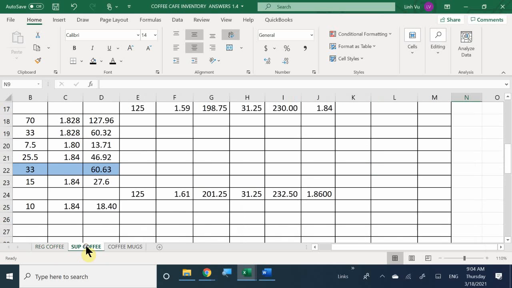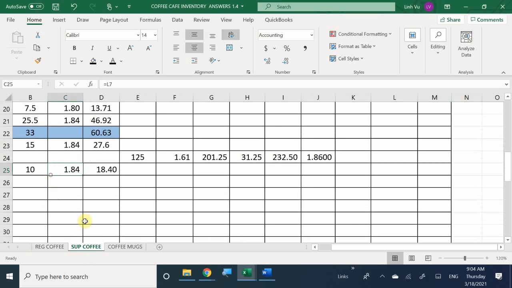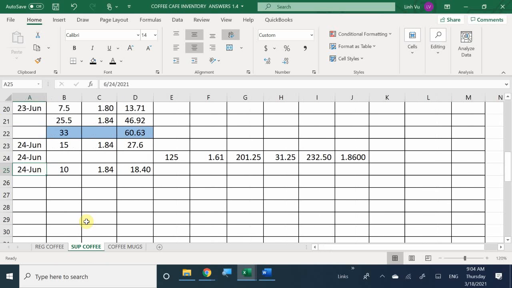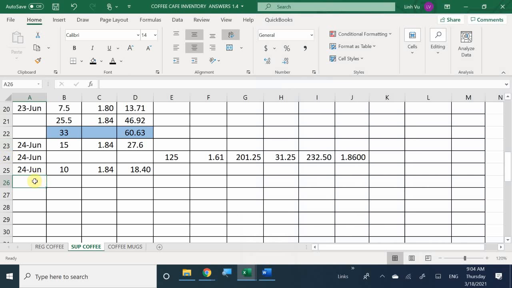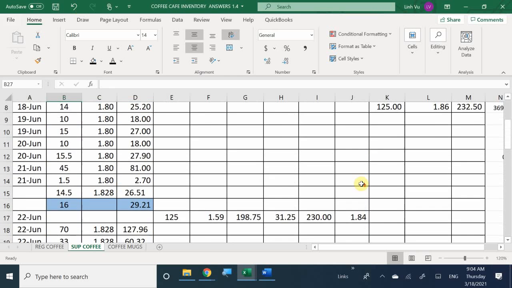Next is Supreme Coffee. We used 38 and a quarter pounds. Is that right? Yes. So let's see what we have in our inventory.